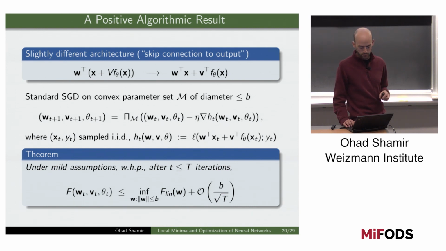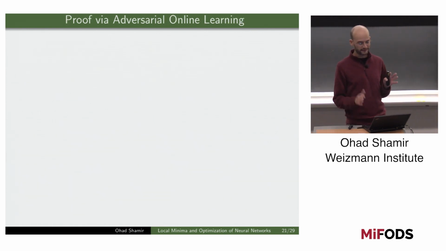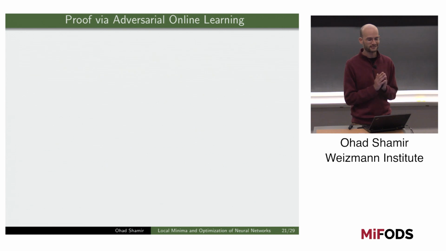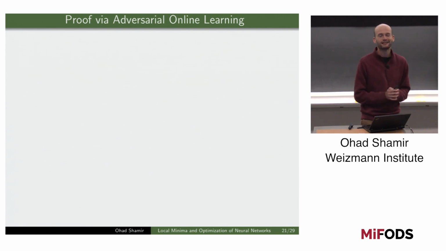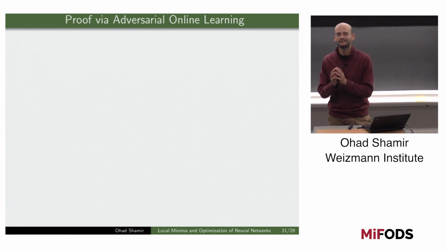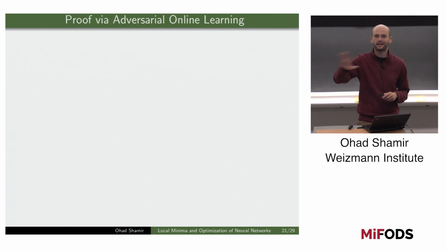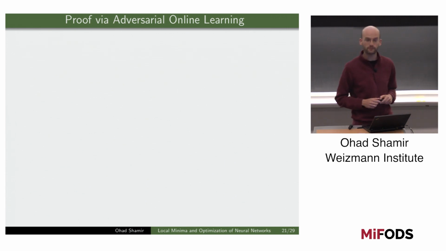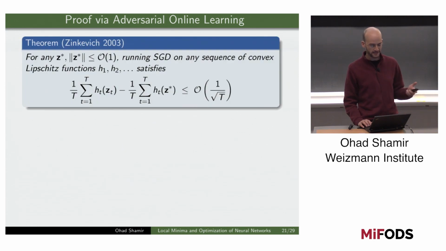Now, the proof of this theorem is not complicated. In fact, it's actually trivial. It's a corollary of an existing result, just not a result in an area that you would expect. It actually comes from adversarial online learning. So one of the basic results in adversarial online learning says the following.